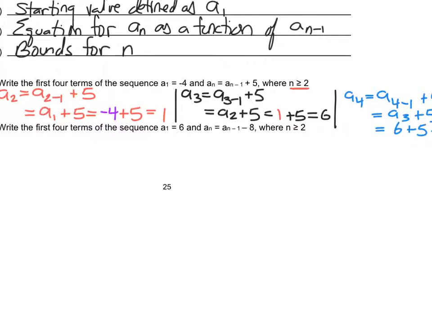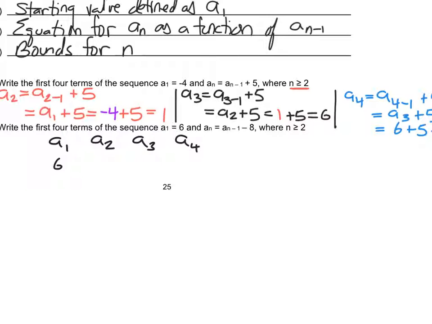All right, so what a lot of folks will do is they'll write it as a table instead of showing all this work. I mean, you show the work when you're asked to show the work. But if you're not, and you just have to come up with a sequence, there's another way to do it. One way would be to say my a sub 1 value in the next problem is equal to 6. My a sub 2 value, 3 and 4 are the ones that we need to come up with.